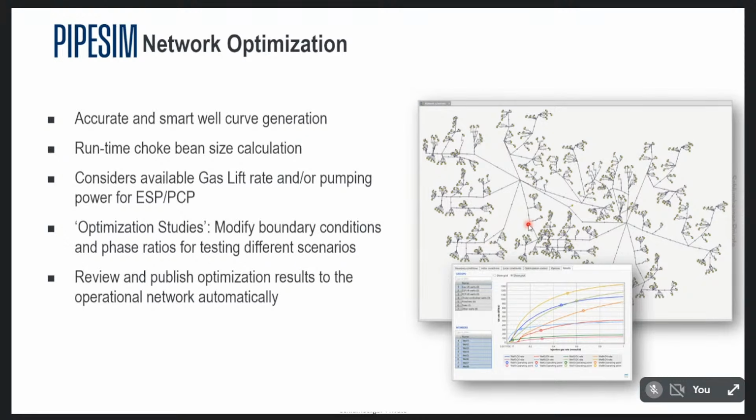For example, you don't want to exceed water production by a certain amount, or you have a fixed total gas lift injection rate, and you want to distribute that automatically, to maximize production or minimize water production. For example, it will automatically go to the wells with higher water cut, and then it will give them lower artificial lift quantity, or it will choke these wells more, so that it will reduce the water production. Many combinations you can add with the network optimizer.